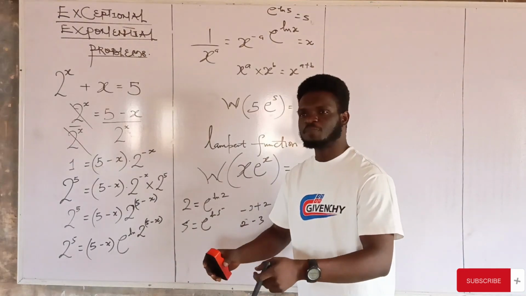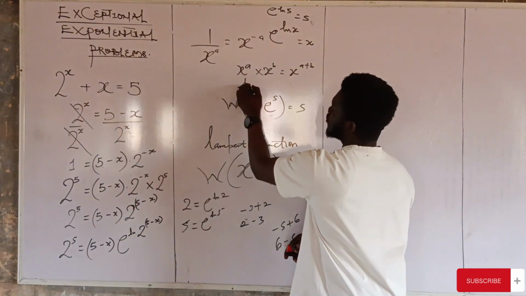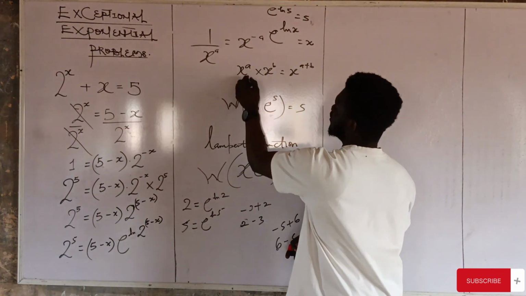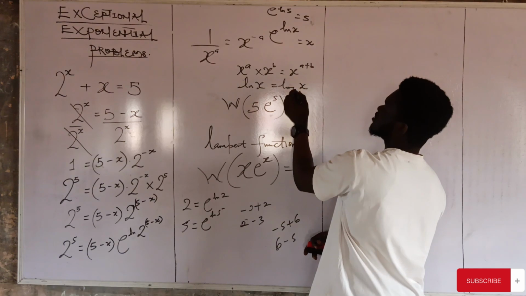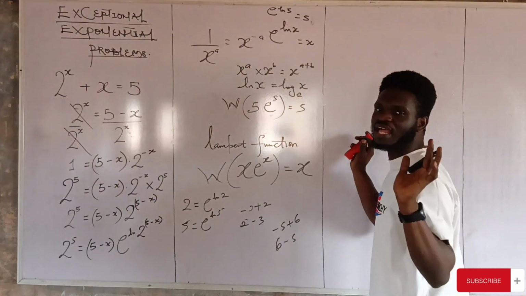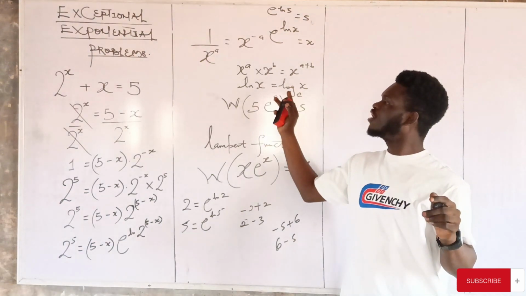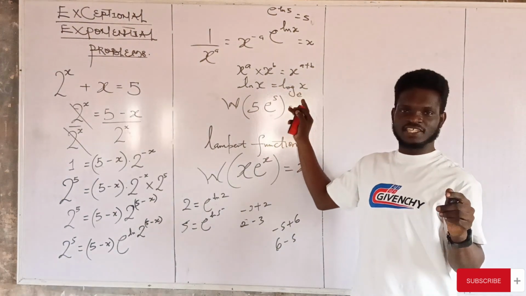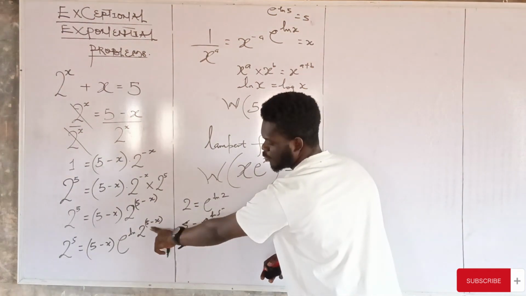The only difference is that ln x is log x to the base of e. So the same rules of logarithms will be applied here.